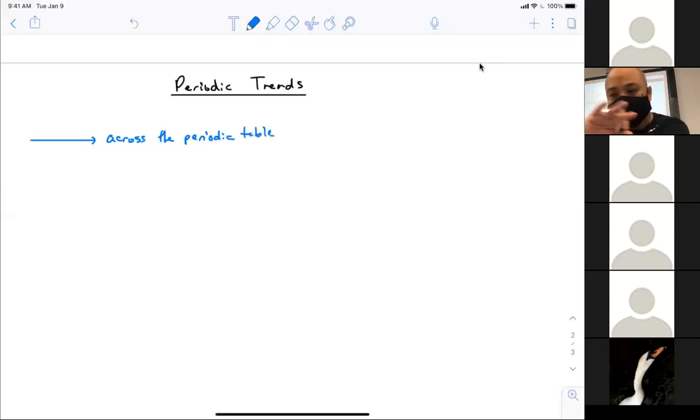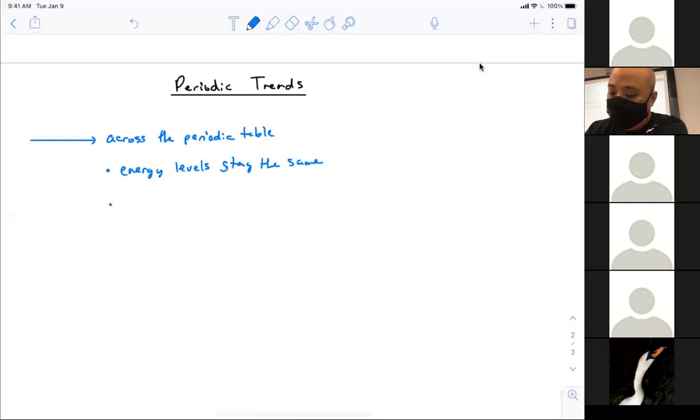as you go across the periodic table, no matter what row you're on, the energy levels stay the same. But an increase in protons creates a greater nuclear charge.